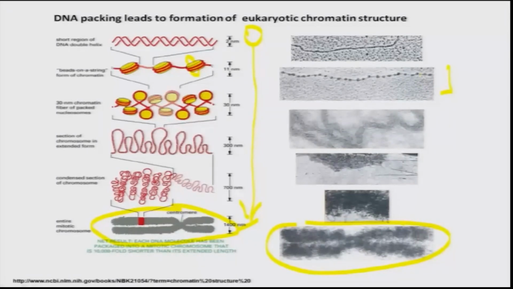Then they form what is called a solenoid structure, and then of course you have a scaffold onto which the solenoid structure goes over to give the shape that you see in metaphase. So, these are the different orders by which the DNA or the chromatin, the DNA plus protein together, form a very compact structure to arrive at something like this during metaphase.